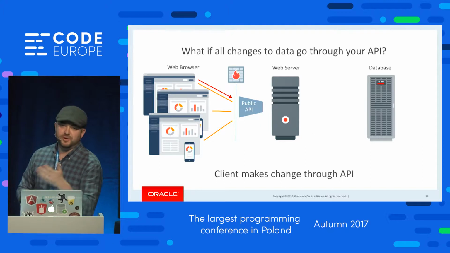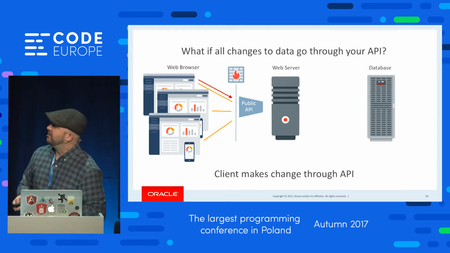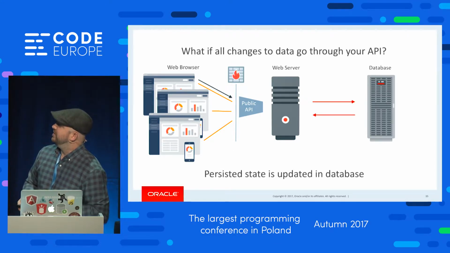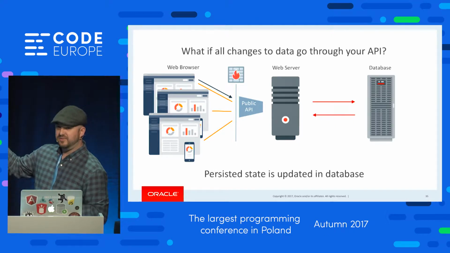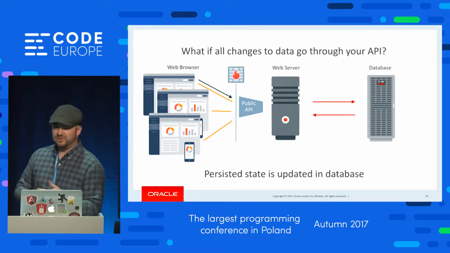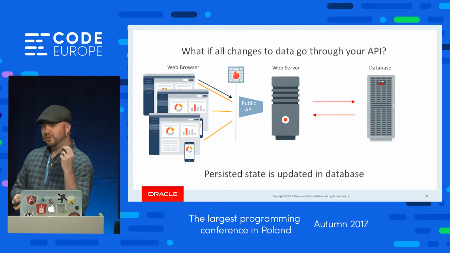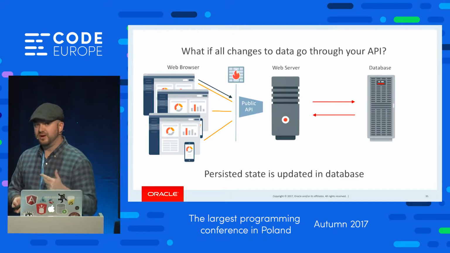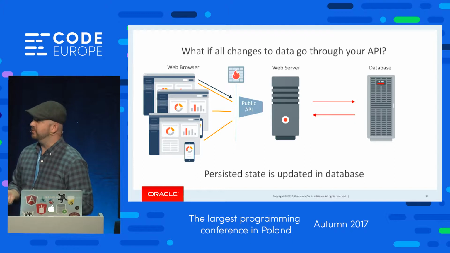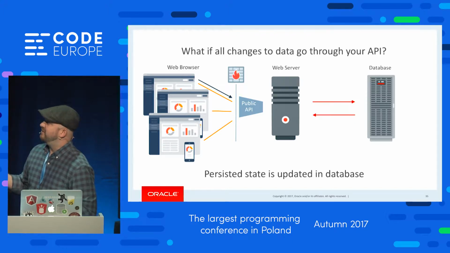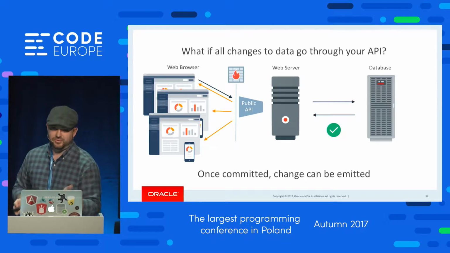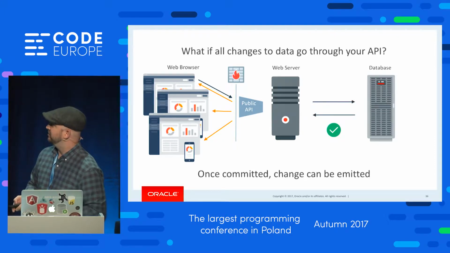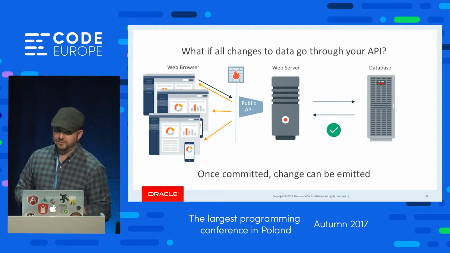Then imagine one of the clients makes an API request and changes some data. What you can do in the mid-tier is persist the state in the database, maybe as part of some ORM you might be using. And once you get the commit or the confirmation that the change in fact went through, you have everything you need at that point to broadcast out to the other web browsers that a change did occur. That works well, again, if everybody's going through your API.